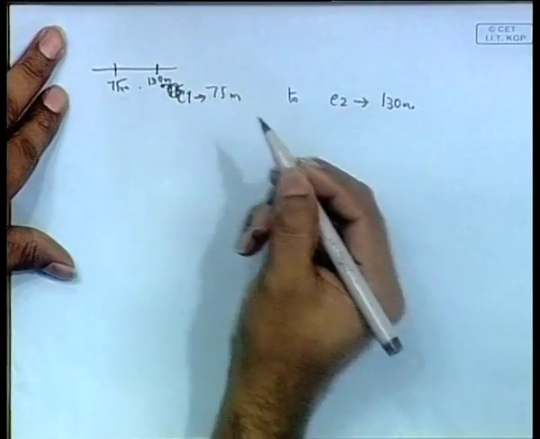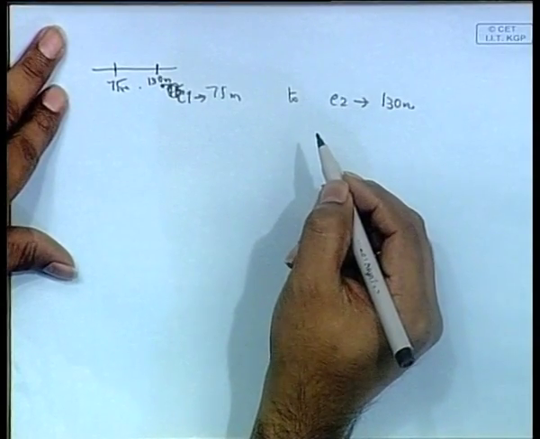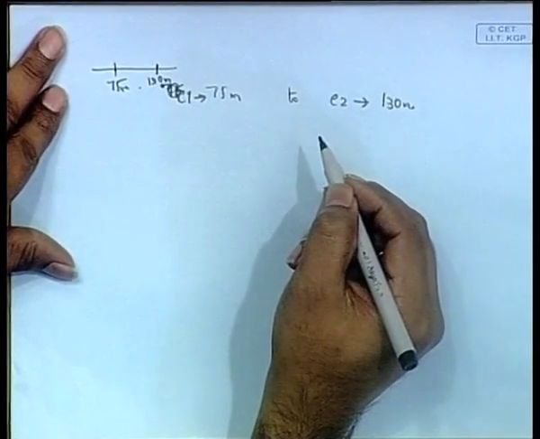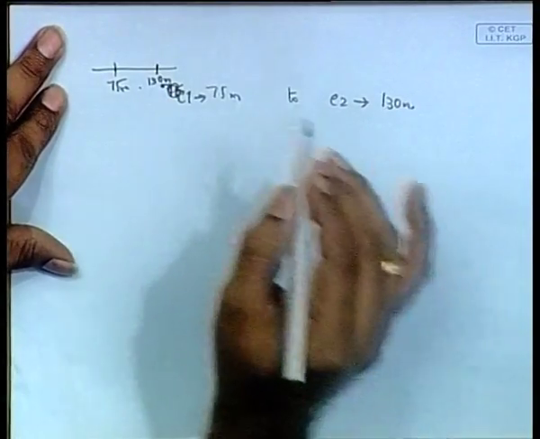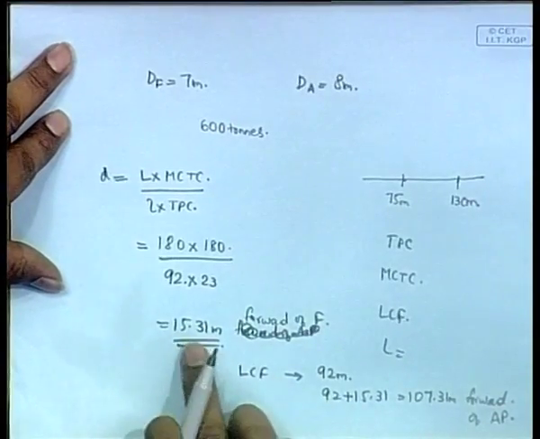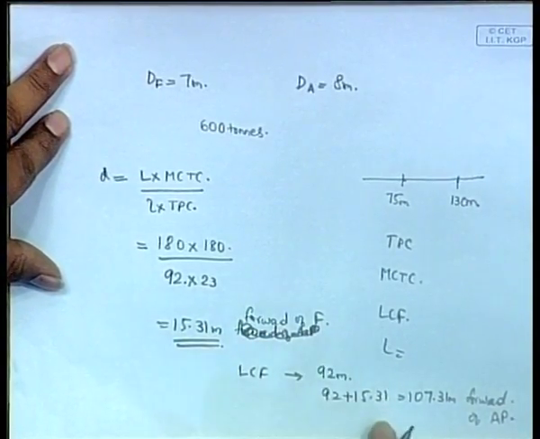Therefore, there are two things at 75. So this 15.31, or forget that, we take this one distance from AP, because everything is given as distance from AP. This 15.31 meter forward of F is actually 107.3 meters forward of AP.